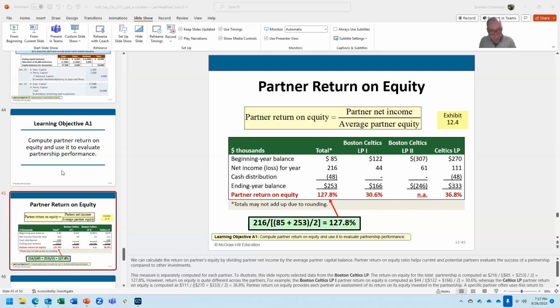The way that works is based off of the remaining amount of time on the patent and the total cost of that patent, the amount would be prorated, if you will, based off of the remaining balance of that patent at its face value. And so that amount would be allocated to that individual partner equity account.